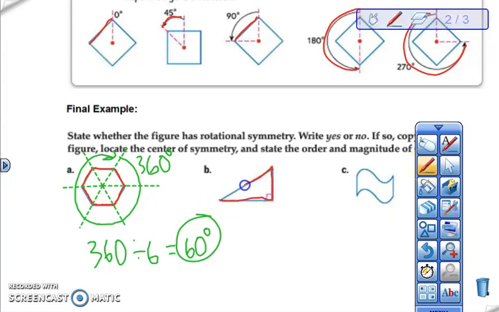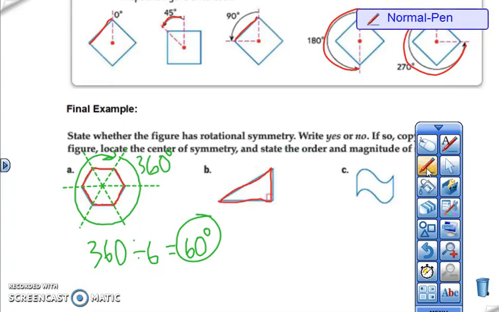All right, so this won't be perfectly straight, but it'll do what we need to do. So there's our triangle. So I notice as I'm rotating, it's never really lining up the way that it should until I go all the way back around. So the triangle that we have here does not have rotational symmetry.